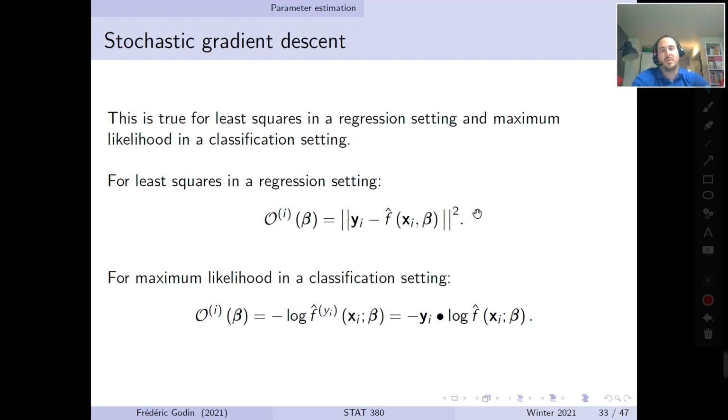Okay, so this is what we just discussed. In the regression setting, if you use least squares, O_i is simply the squared prediction error for the ith observation, whereas for maximum likelihood, O_i is simply the log probability of having class y_i for your ith observation. Okay, so this works for both objective functions we've described earlier.